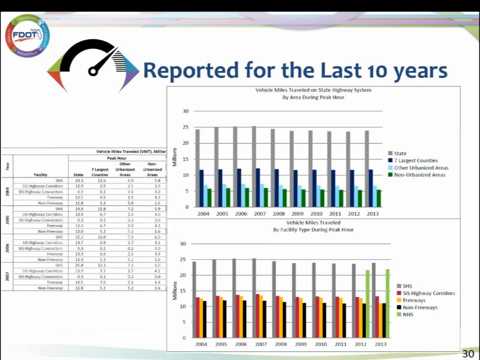The measures are provided by facility type, and when appropriate, most measures are reported for the state highway system, the Strategic Intermodal System, or SIS, SIS highway connectors, freeways, and non-freeways. The measures are also reported by area type for the state, 7 largest counties, other urbanized areas, and non-urbanized areas.